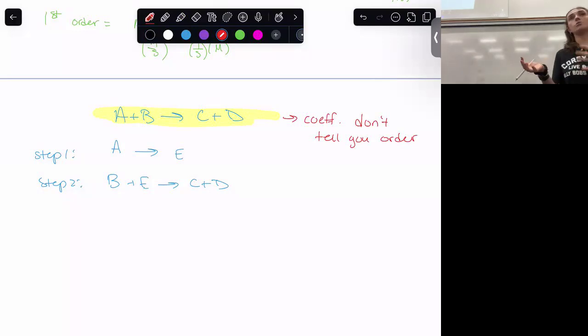It might work out where the coefficients do match what order it is, but it's not guaranteed. So you can't directly use the coefficients in your overall reaction for your rate law.